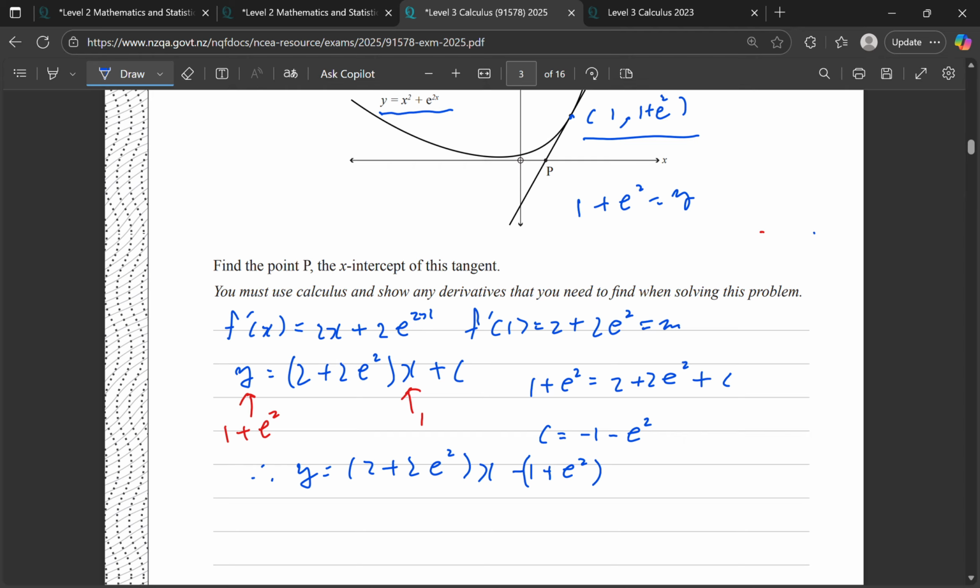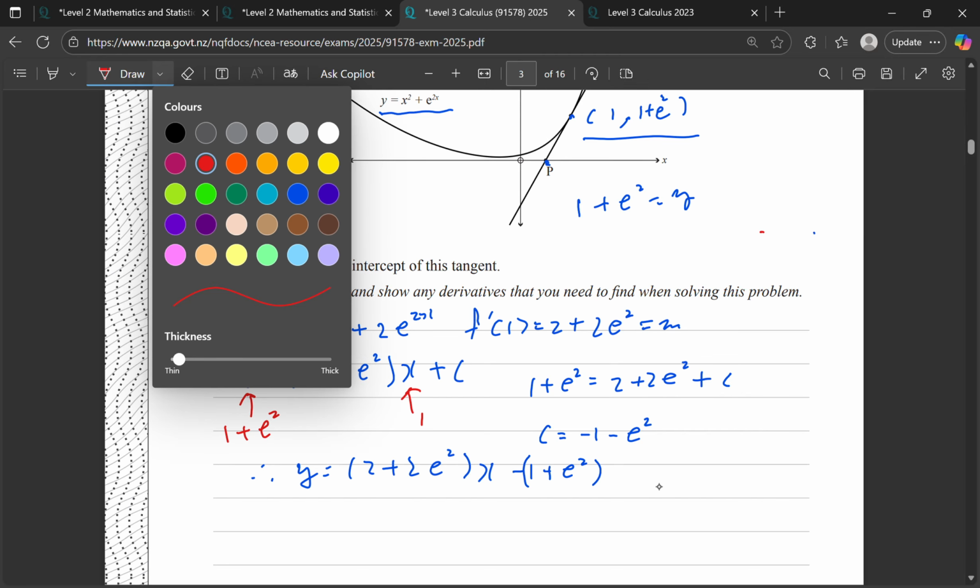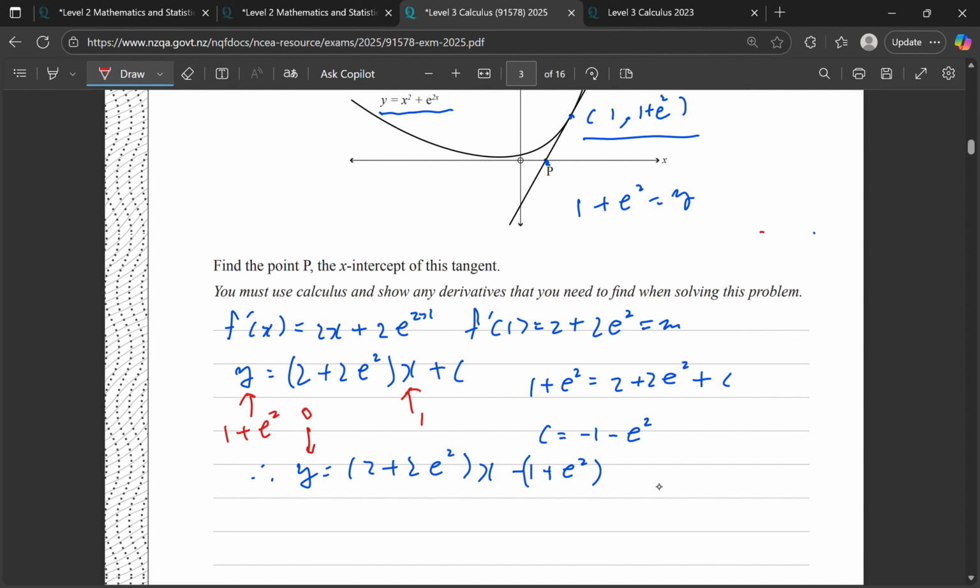Now, we are almost there. So we have to find the x intercept, right? Which means x intercept is when y is 0, right? So this means 2 plus 2e squared x equals 1 plus e squared.